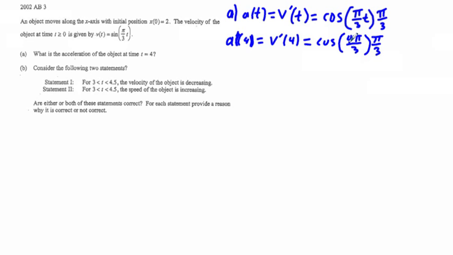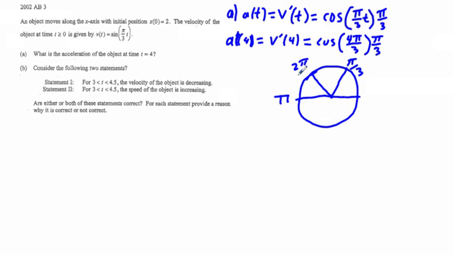And the cosine of 4 pi over 3, if we look at a unit circle like this, at pi over 3 here, we have 2 pi over 3 here, and down here in the third quadrant we have 4 pi over 3. And for that, our cosine is going to be negative 1/2.